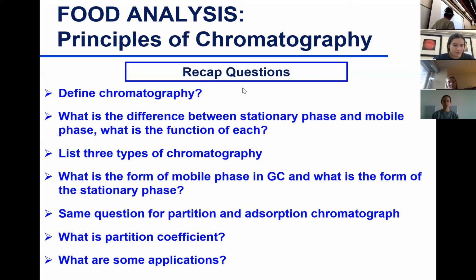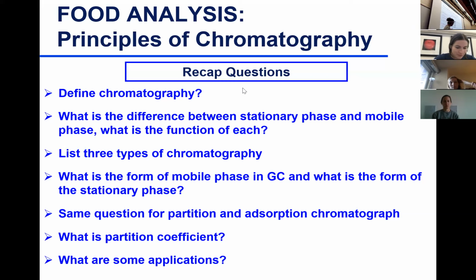Okay, same question for partition. What's the partition chromatography mobile phase and stationary phase? Liquid, liquid, yes. So in partition chromatography, your solute is partitioning between two liquid phases. The stationary phase is liquid and the mobile phase is liquid.